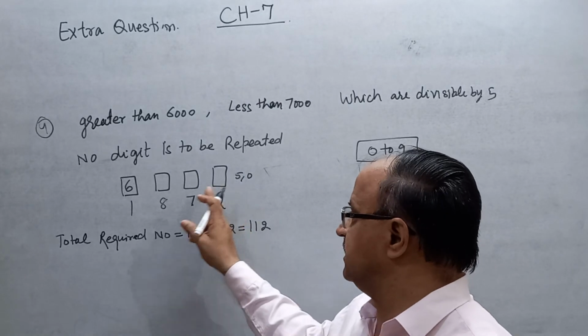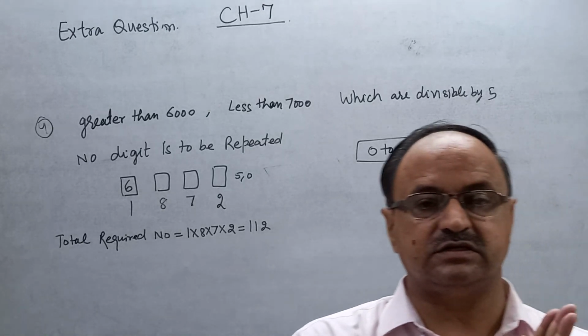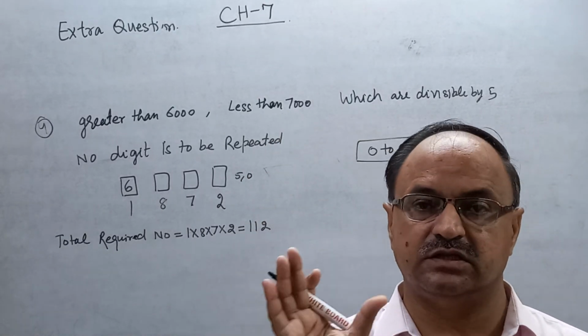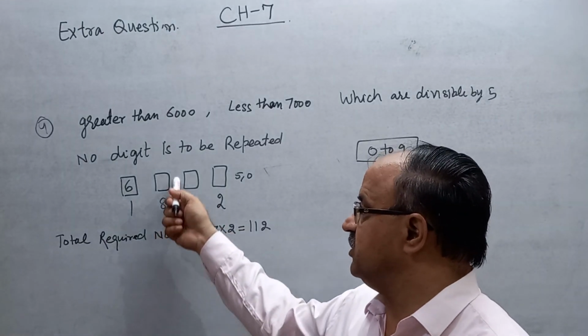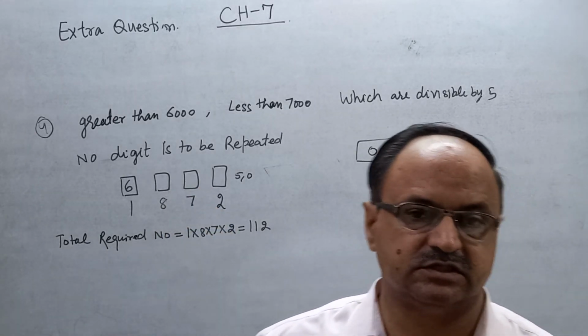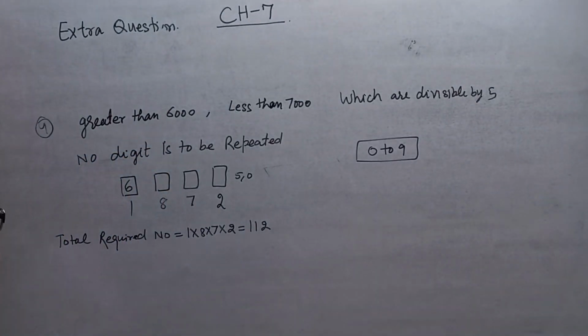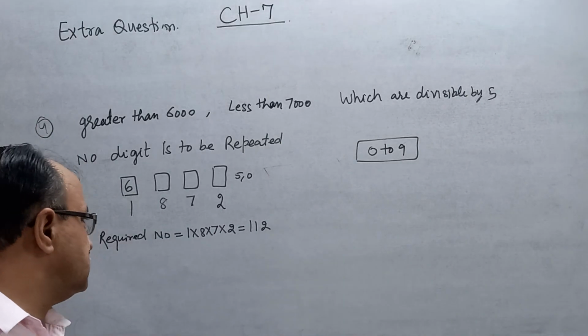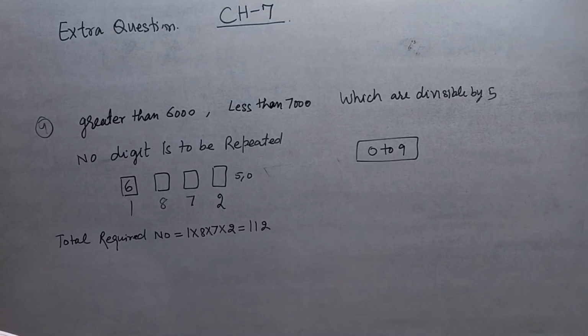When you use one number at the thousand place and one at the unit place, of the total 10 the remaining digits are 8, so you can fill this column in 8 ways. When you put any number here, you can fill this column in 7 ways. Right? So therefore 1 into 8 into 7 into 2. This is the answer of this question: total number 112.